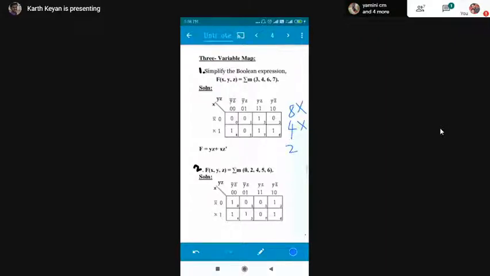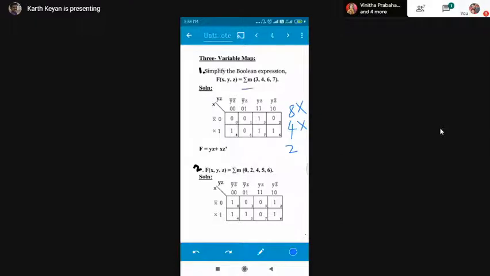It is a 3 variable map. The values are default, you have to write them directly: 0, 1, 3, 2, then 4, 5, 7, 6. So it goes like this. How will they give us 1 and how will they give us 0?